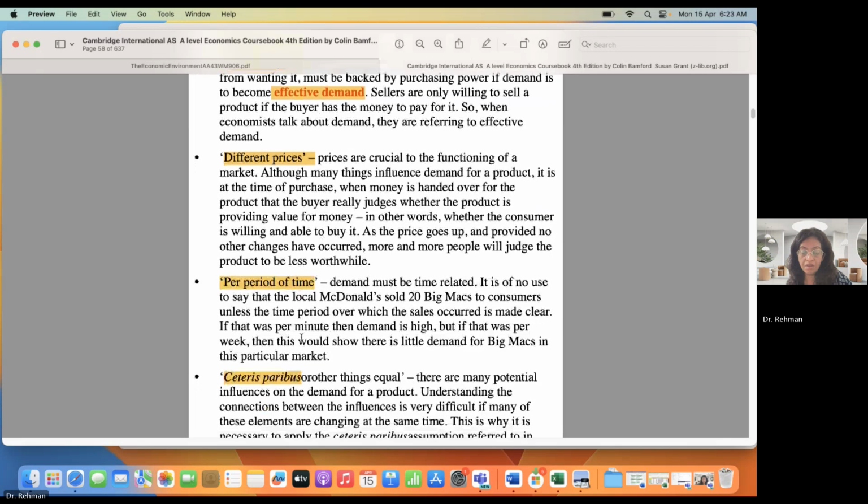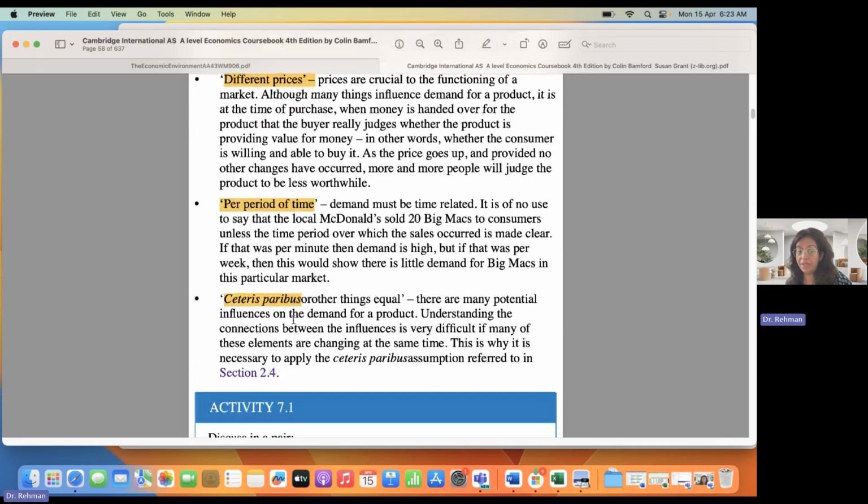But the moment I can afford it and I want it, that is an effective demand. Yeah, that is another word that I want to take here, and that is ceteris paribus. What do you mean by ceteris paribus? Is everything else remains constant. Now, this is very, very important because I'll give you an example. If we go by the traditional law of demand, that as the price increases, demand decreases.